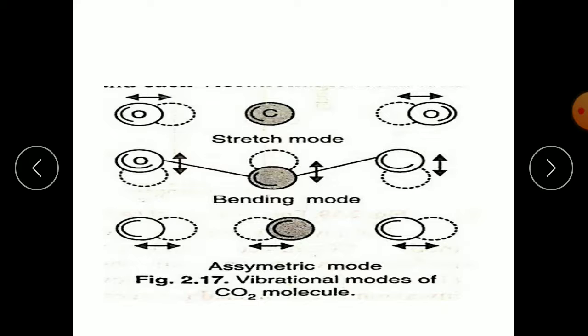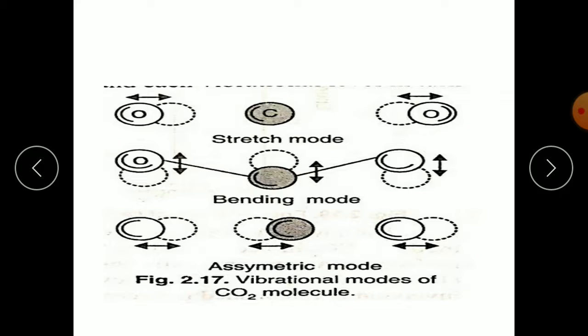Another mode of vibration is the asymmetric stretching mode, in which the carbon atom vibrates and at the same time the oxygen atoms also vibrate. When the carbon atom is moving in this direction, at that time this oxygen atom comes towards the carbon atom. Such a mode of vibration is known as the asymmetric mode of vibration.